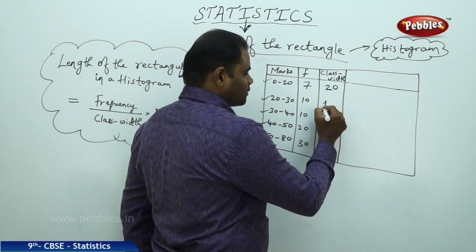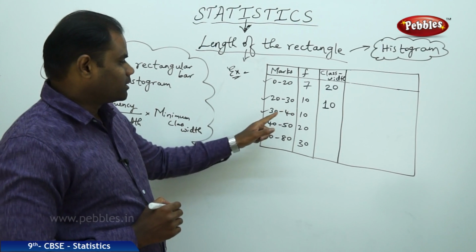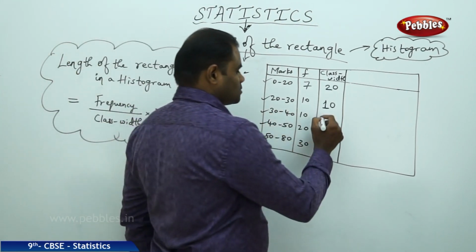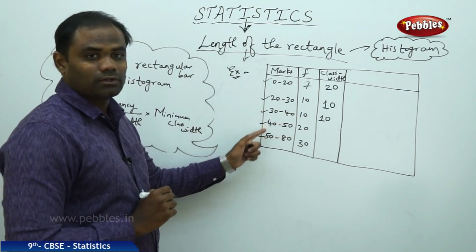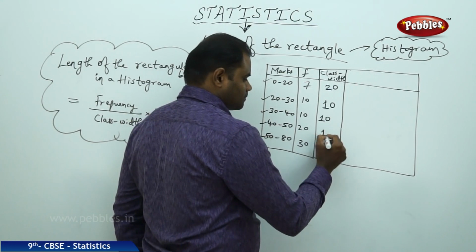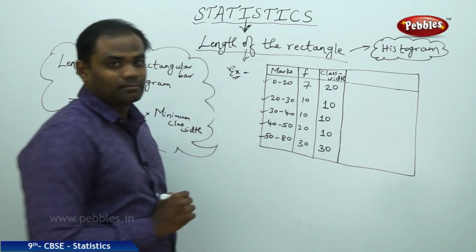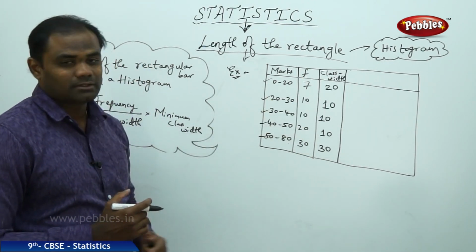So the class width of the second class interval is 10. Here the upper limit is 40 and the lower limit is 30, so 40 minus 30 is 10. Similarly 50 minus 40 is 10, and 80 minus 50 is 30. This is how we get the class widths of each of the class intervals.